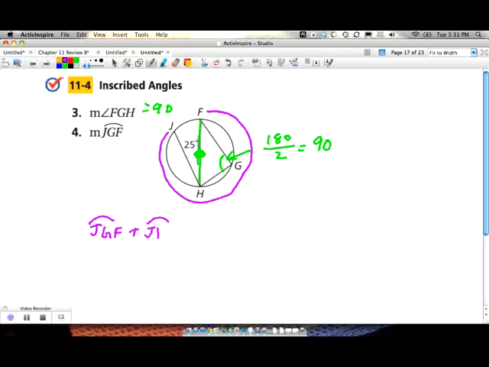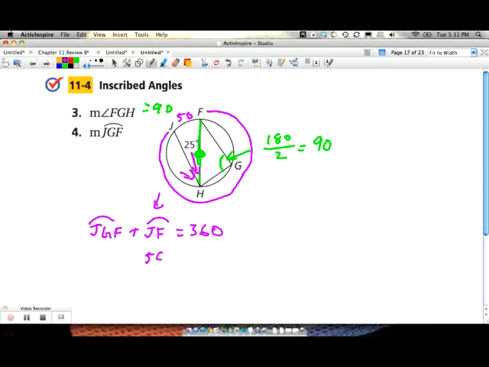Now we have a different situation, because this vertex is not just inside. When the vertex is inside, we add the 2 arcs and divide by 2 to get the angle. If we were outside, which will happen, we take the arcs, subtract them, and divide by 2.